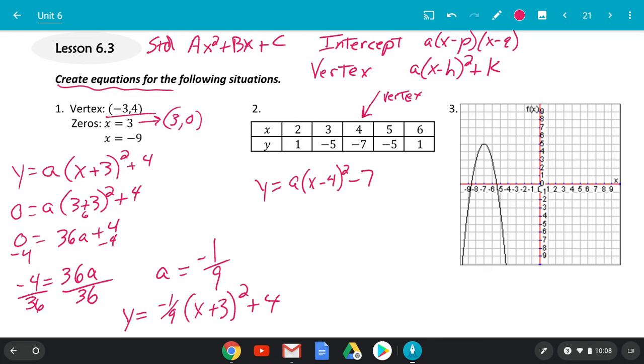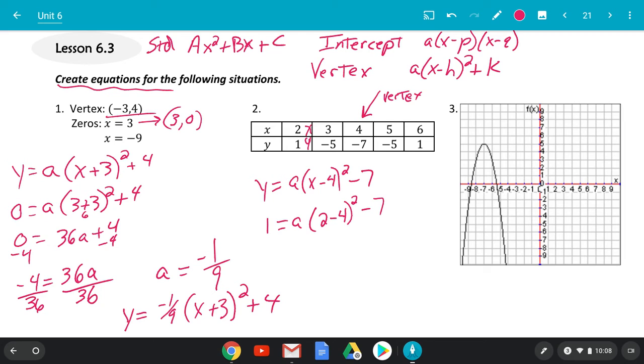So now I'll take this x and y and plug them in there and there. Okay. So I now have 1 equals a times 2 minus 4, quantity squared, minus 7.